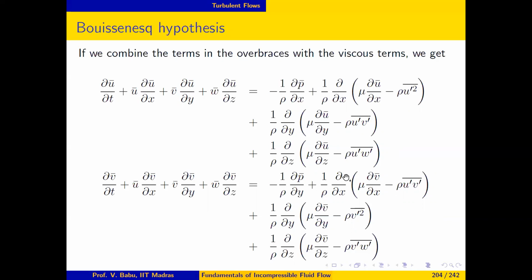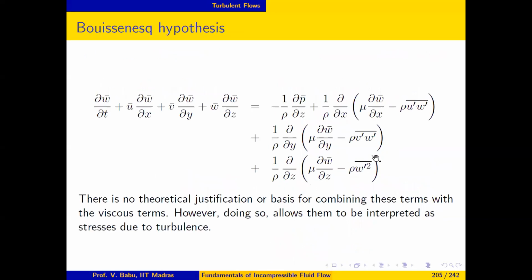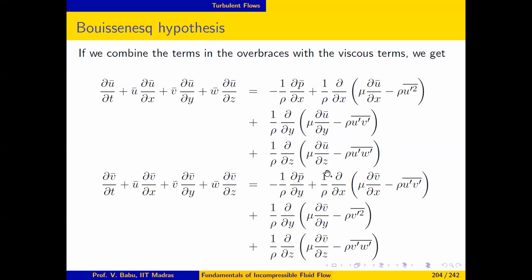And this has a certain appeal, because it looks nice. The advantage of doing it like this is that each one of these average terms, v prime w prime bar, u prime w prime bar, each one of these terms may now be interpreted as a stress term.